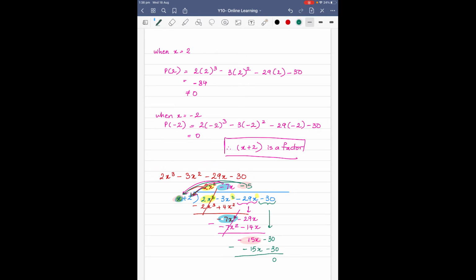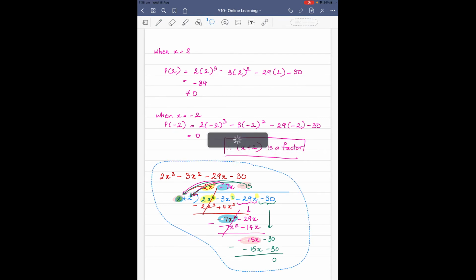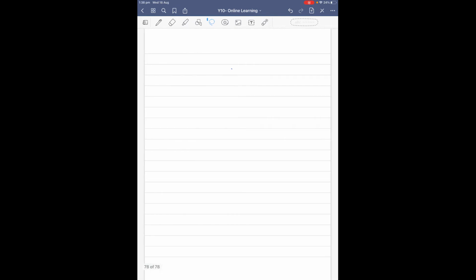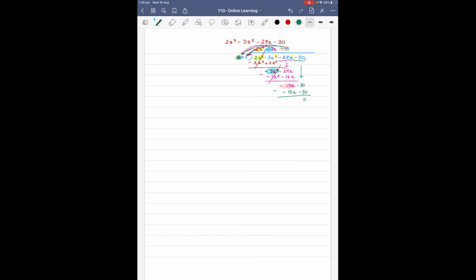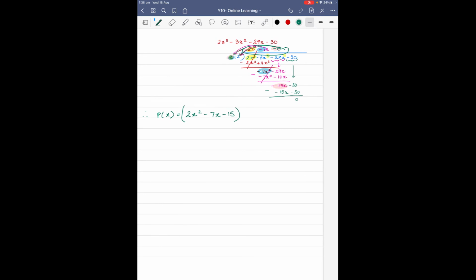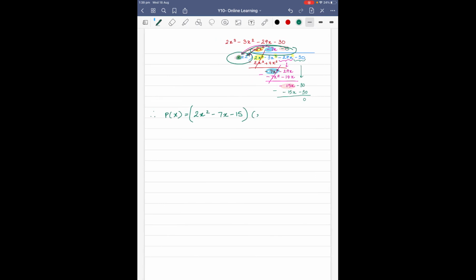Let's rewrite it. I'm going to screenshot this over to the next page. So your polynomial is 2x squared minus 7x minus 15 times this factor here, which is x plus 2.